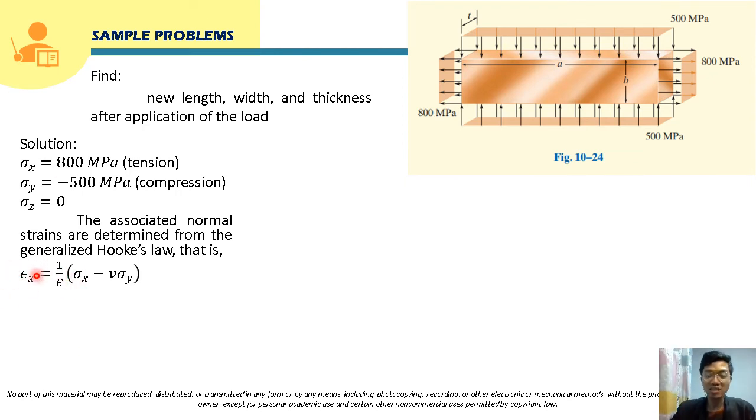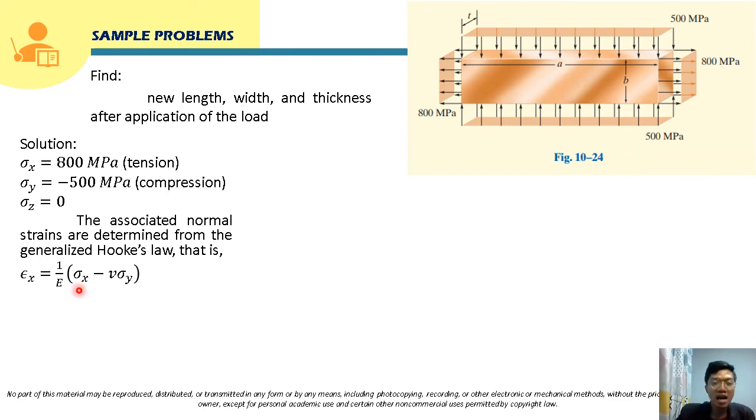The strain in the x direction is the combined strain due to the normal stress in the x direction, of course, and the applied stress or loading in the y direction, so the stress in the y direction. So this is already the formula for the total strain in the x direction.